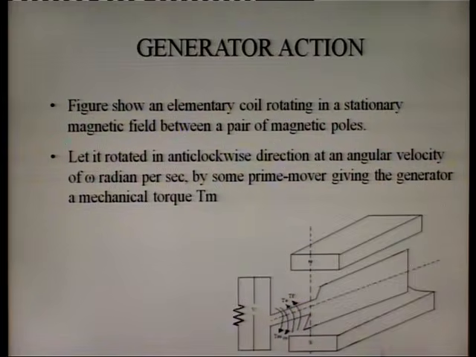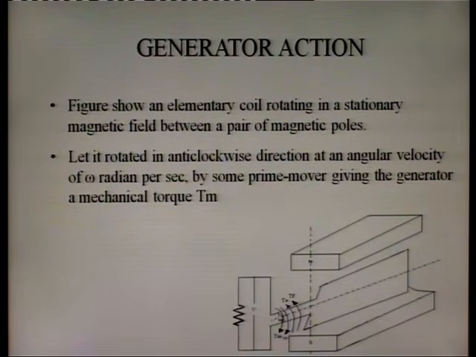Generator action. This is the diagram of an elementary coil rotating in a stationary magnetic field between a pair of magnetic poles. In a generating action, there are two magnets, north and south, and magnetic flux will flow from north to south.